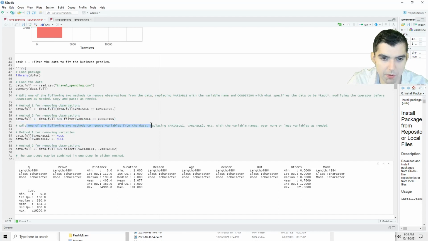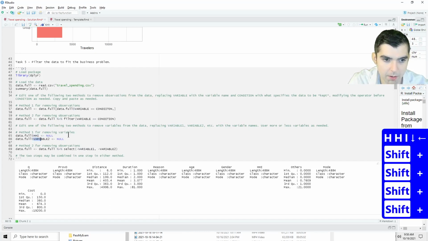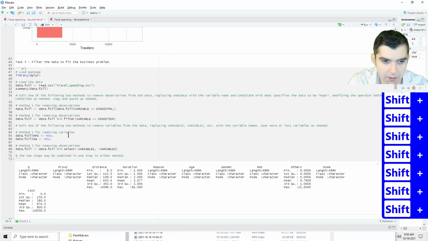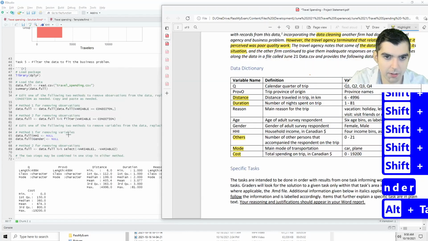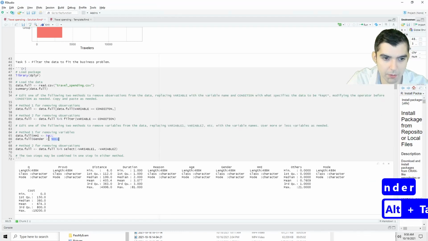Here is how you remove variables. Replace variable 1, variable 2 with their variable names. So HHI, we don't need. Gender, we don't need. Q, Prov Q.